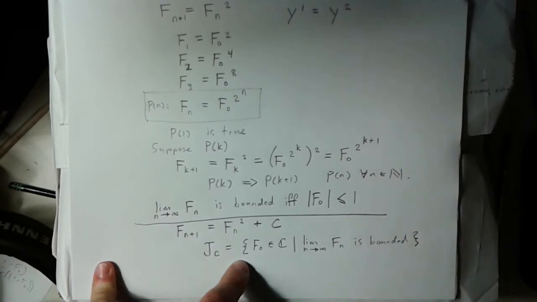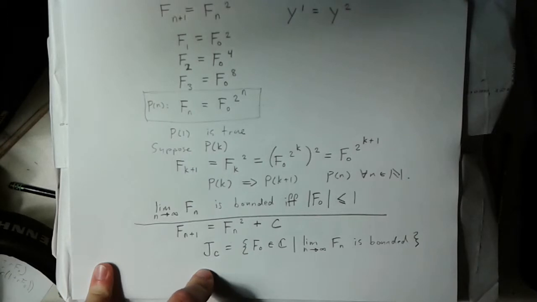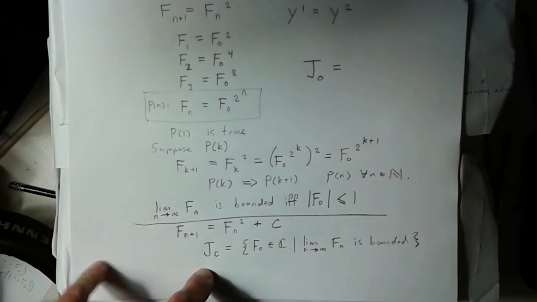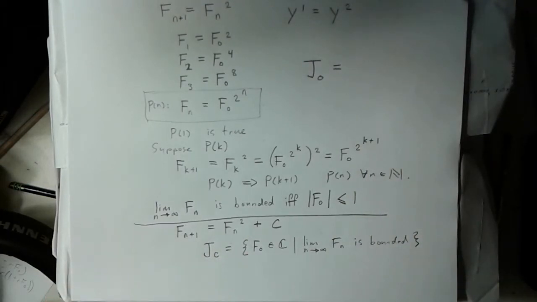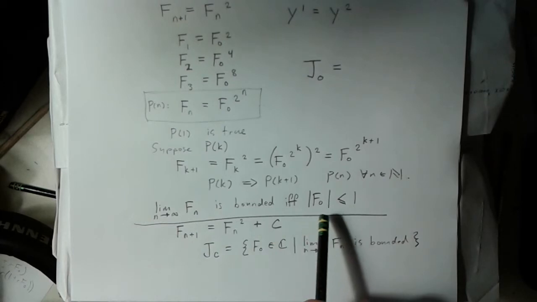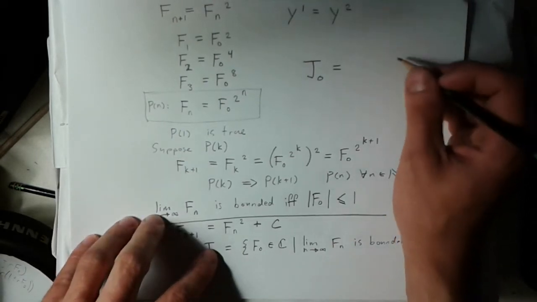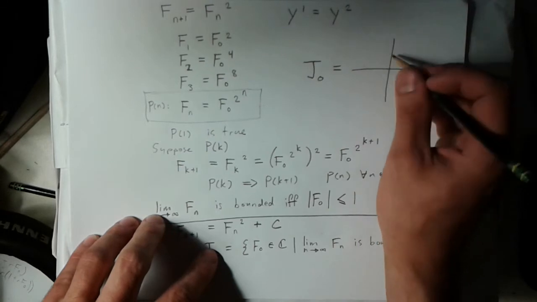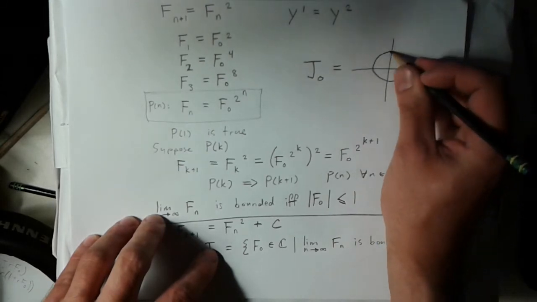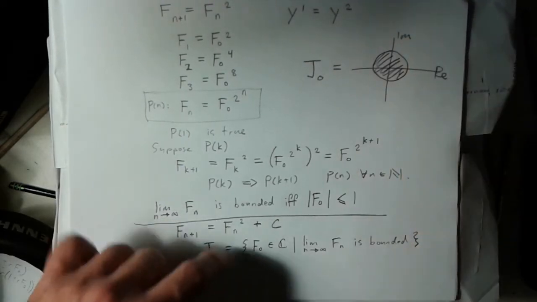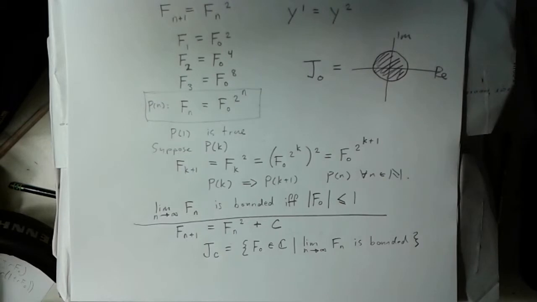And so if you think about the Julia set of 0, this is just when C is 0, so this would be the set of all f0 that are less in magnitude than 1. So if you think of what this is going to be on the complex plane, this is just going to be the unit disk here. This is the real axis and the imaginary axis. So the Julia set of 0 is just a unit disk on the complex plane.